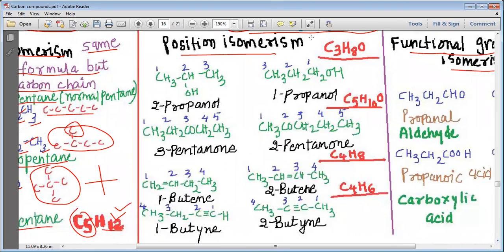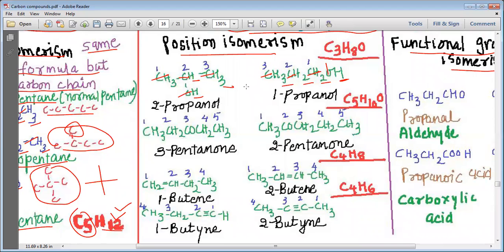So now you can see that we have the compound C3H8O. You can see carbon 1, 2, 3, hydrogen 1 plus 3, 4 plus 1, 5 plus 3, 8. Here also carbon 1, 2, 3, hydrogen 3 plus 2, 5 plus 2, 7 plus 1, 8, and one oxygen is present in both the compounds.